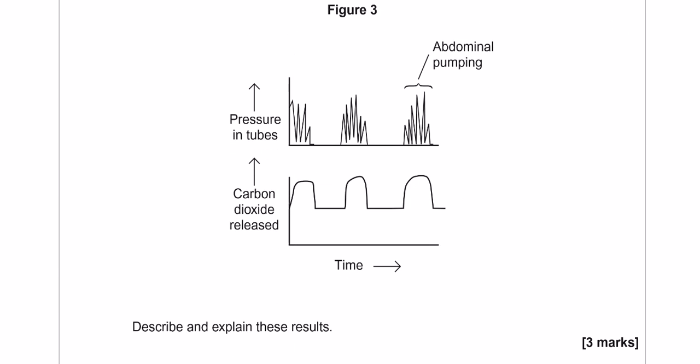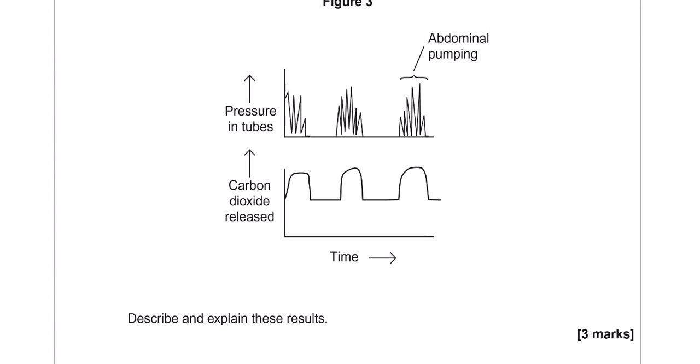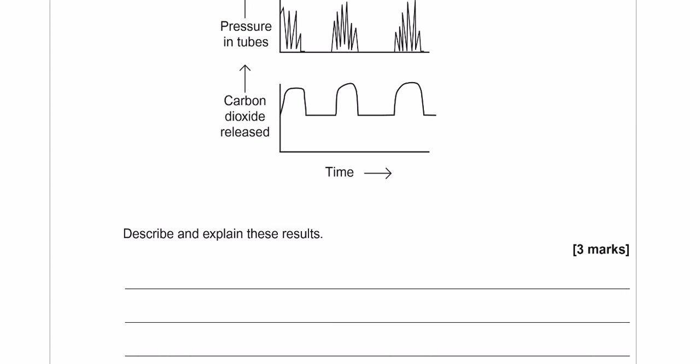Again, they don't give you any figures whatsoever, so obviously you're not going to use any data when you describe your results, but you've got to talk about these peaks, and particularly you notice that with the abdominal pumping, you get a resultant increase in carbon dioxide. So the question is saying describe and explain the results, and again for 3 marks.